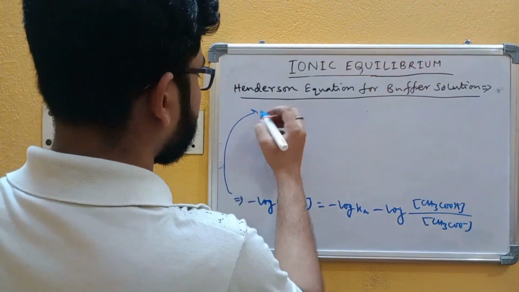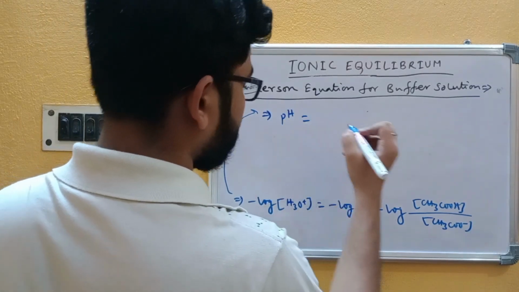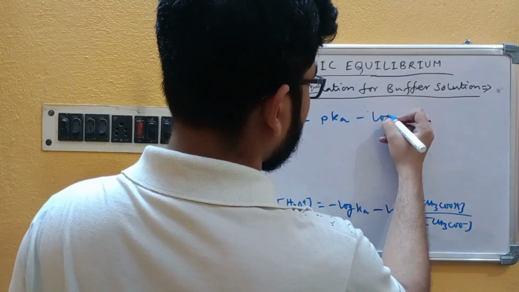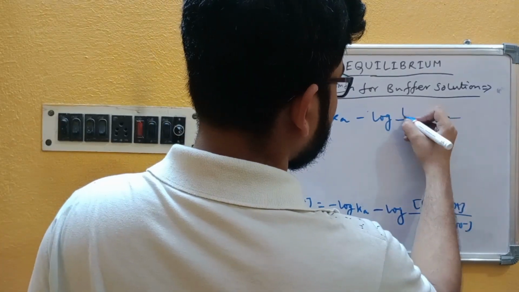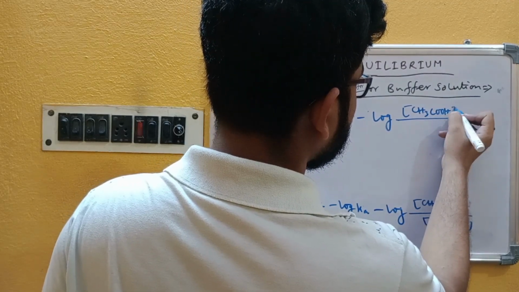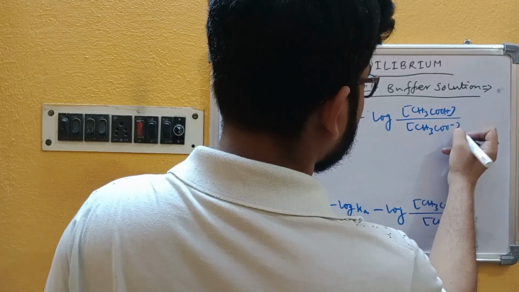So from this we get that pH is equal to pKa minus log CH3COOH upon CH3COO-.